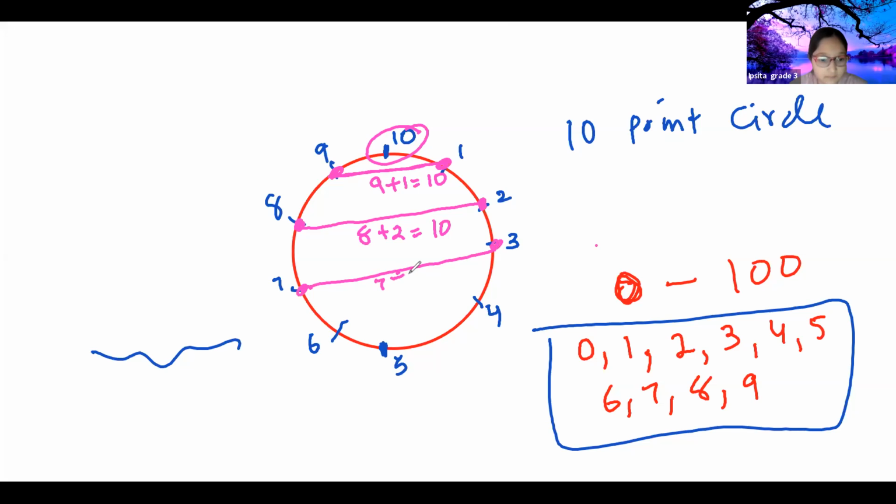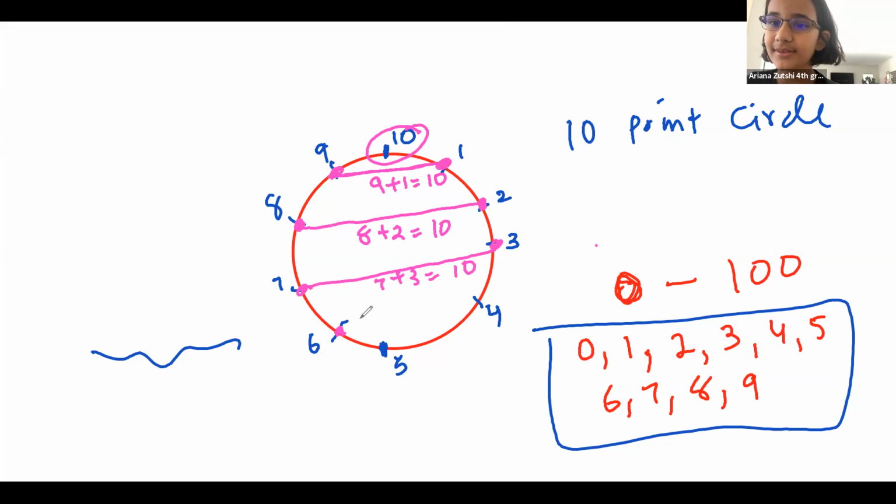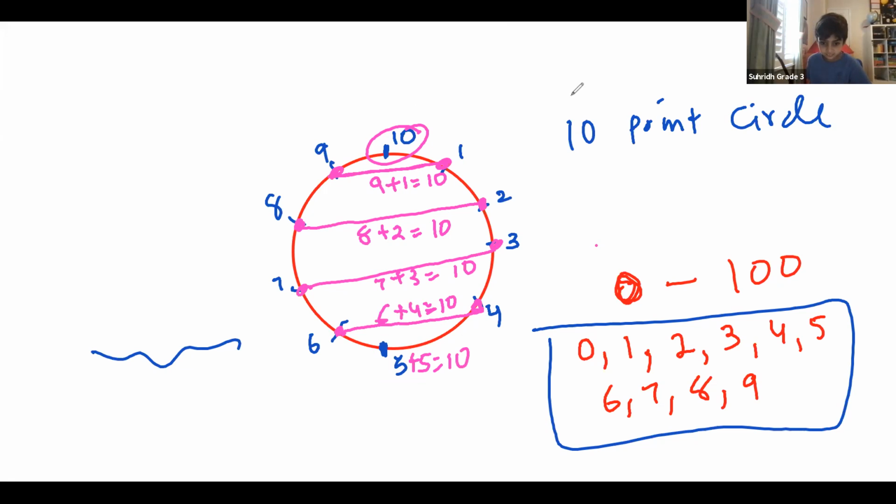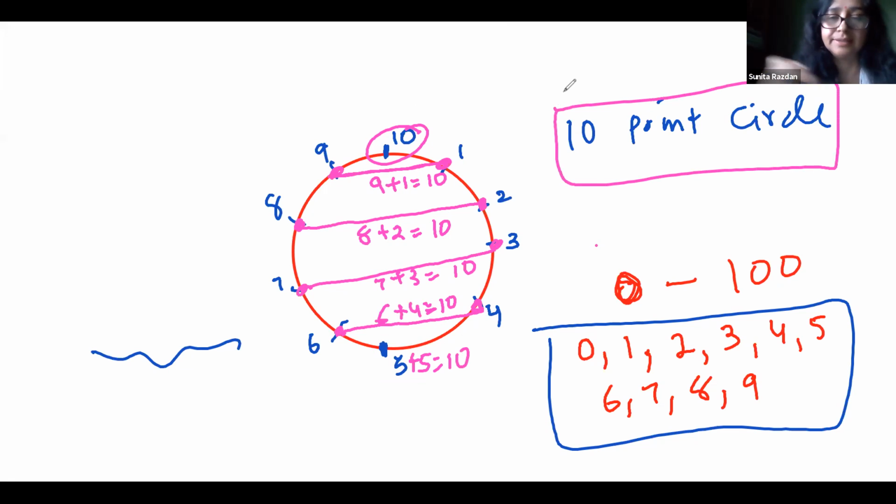So all the points across from the other side of the circle equal 10. What do you think? 6 plus 4? 10. So this is 10, and if you add this to itself, what will that be equal to? 10, right? So that is called a 10-point circle.